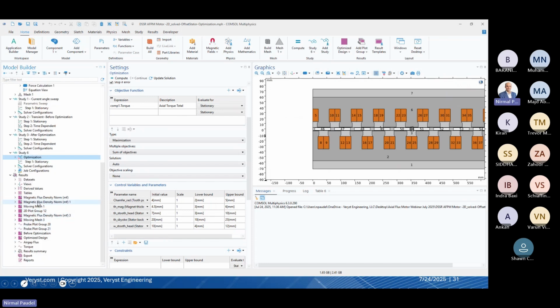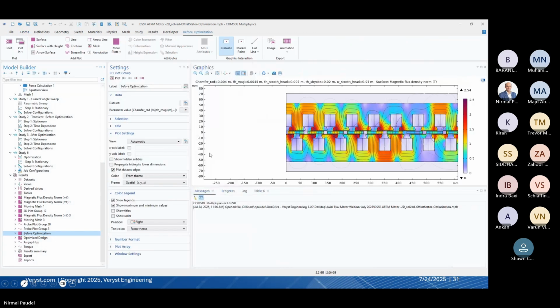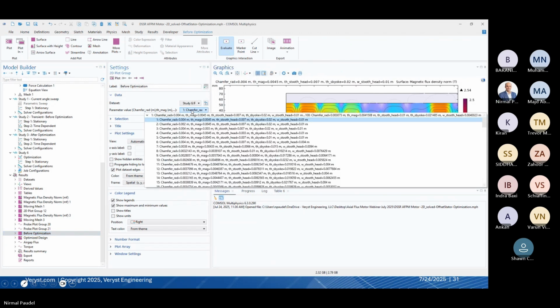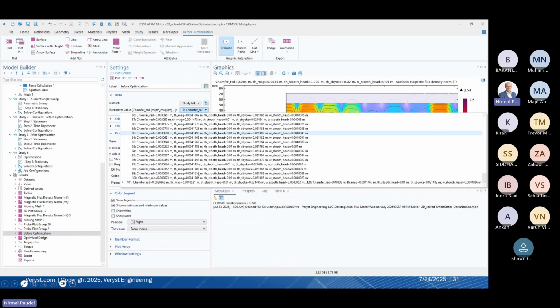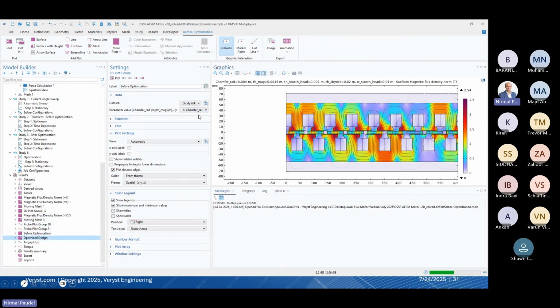I think there are some results comparisons. All right, here. As you can see, this is the optimization done. The initial one is before the optimization, and then we pick the optimal design. The last one is the optimal design, the final design.